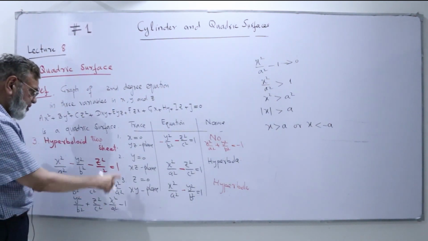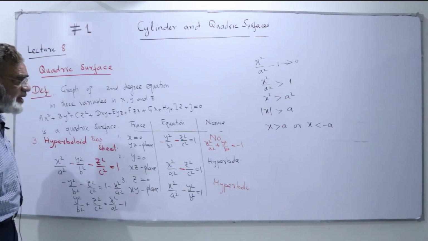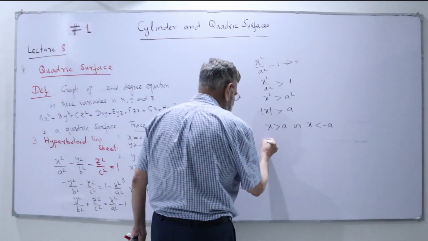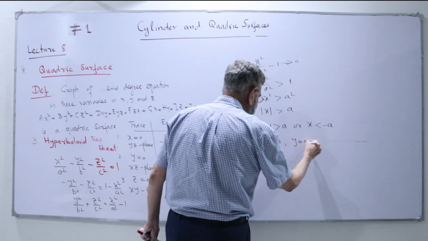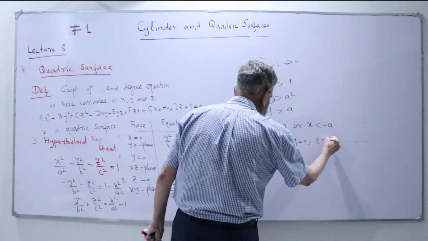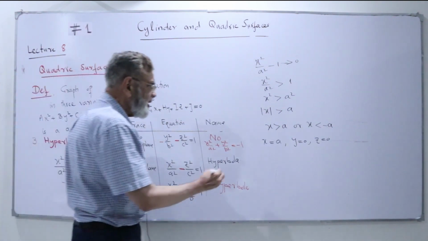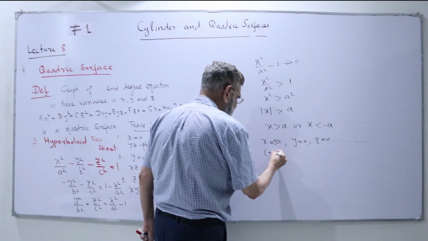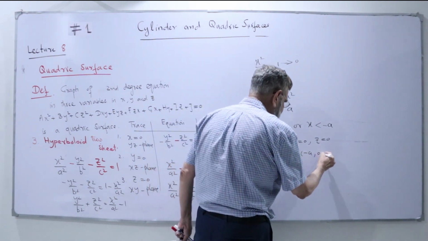But when we are having x equal to a, this becomes 0, there is no graph. When x equal to plus or minus a, the other values will be y equal to 0 and z equal to 0. With plus a or minus a, we'll get the values. These points will be (a, 0, 0) and (minus a, 0, 0).